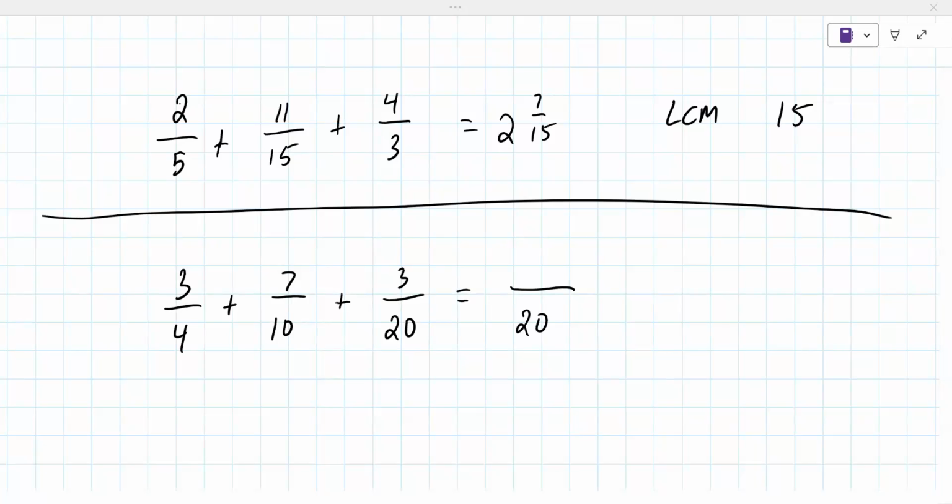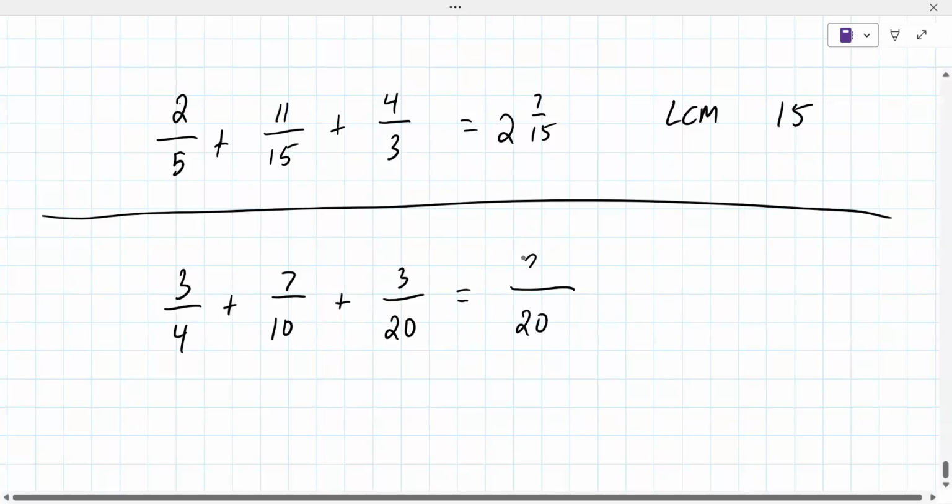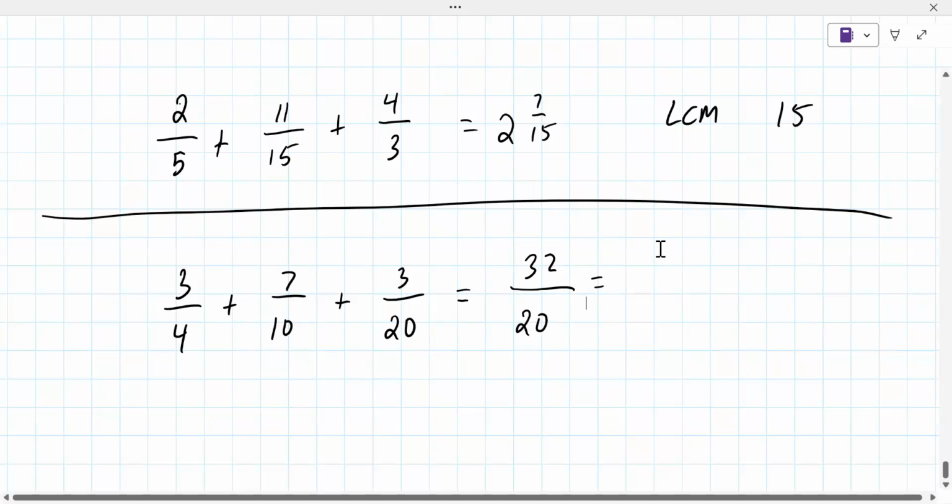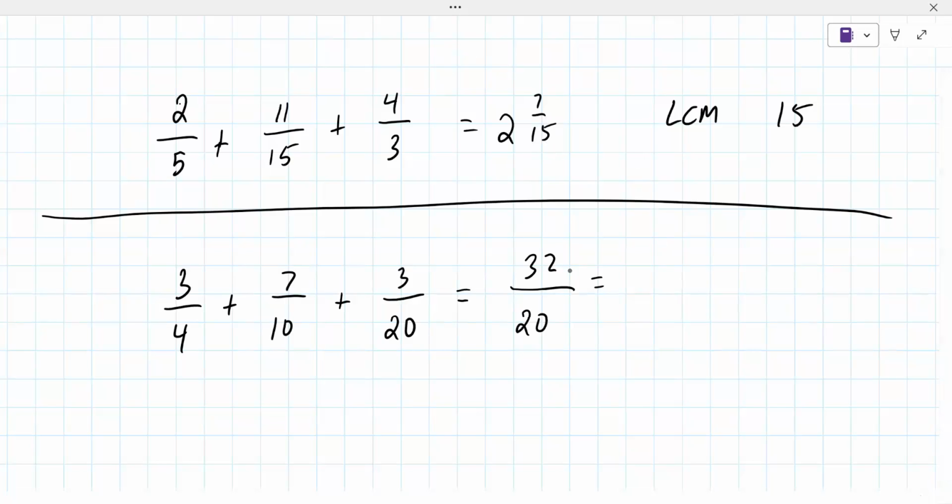I got 32/20. Now, this is an interesting one because you can actually reduce the fraction. Remember, we spent some time talking about that earlier. The previous one didn't reduce, but you can reduce here. You can either do it right now, dividing the top and bottom by 2. That's 16/10, and then doing it again, 8/5, which is 1 3/5.